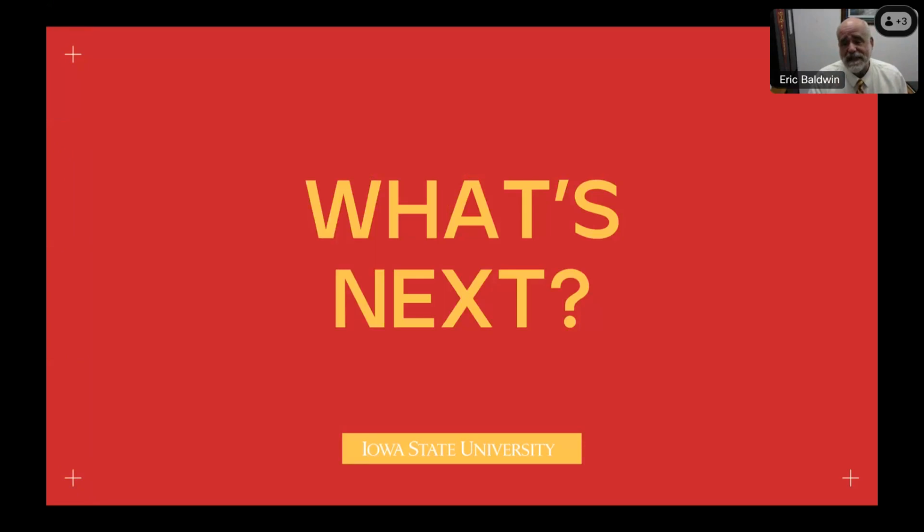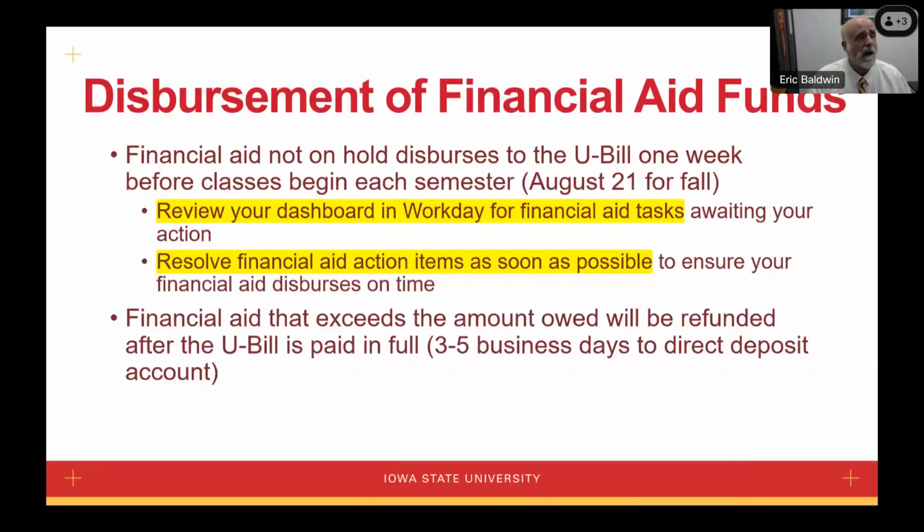So what's next after this? Financial aid will disperse on August 21st for the fall. We recommend that you continue to check in Workday for any financial aid tasks in case anything shows up. The good thing this year is that verification is really low.